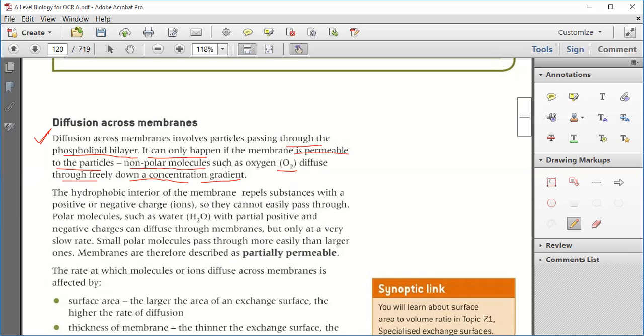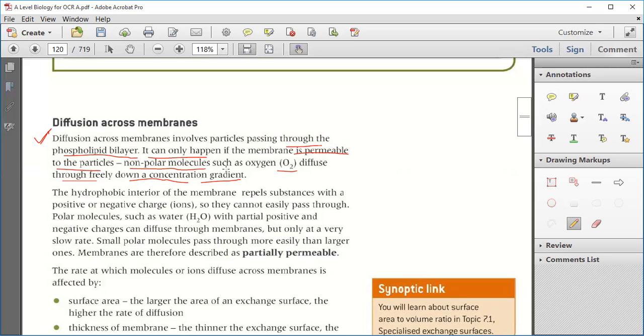Non-polar particles such as oxygen diffuse freely down the concentration gradient.